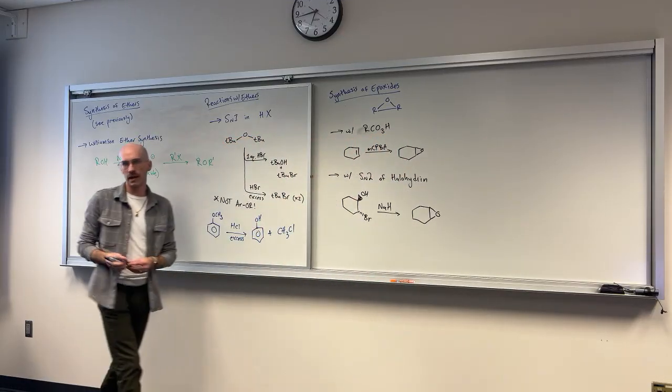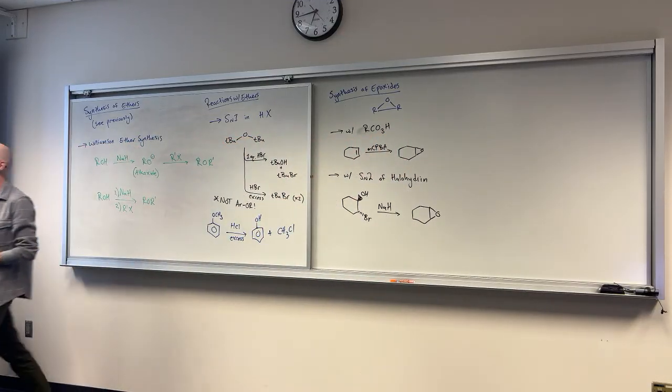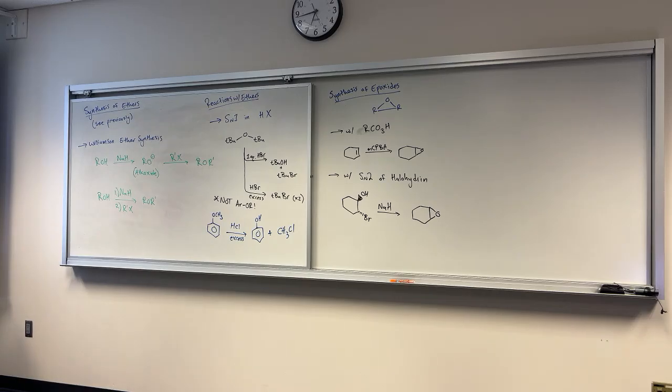If I were to draw stereochemistry here, would it be both wedges or both dashed? It can't be one wedge, one dash, because that means that the oxygen is both above and below the bonds, which doesn't make sense.